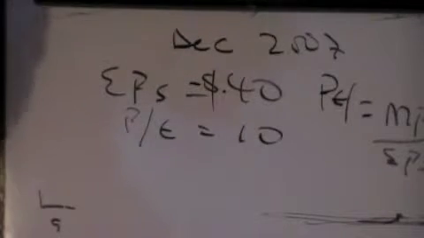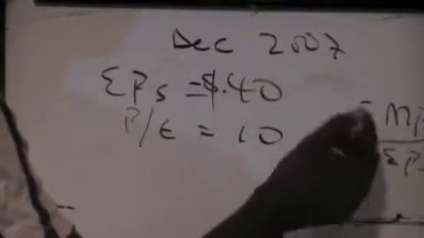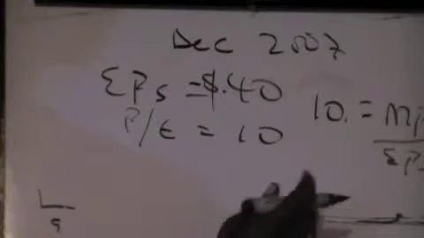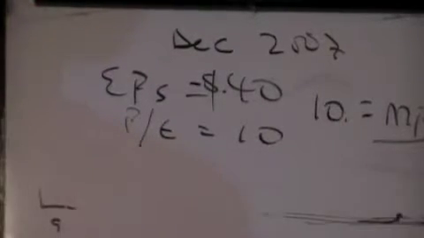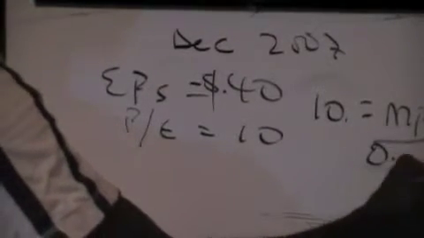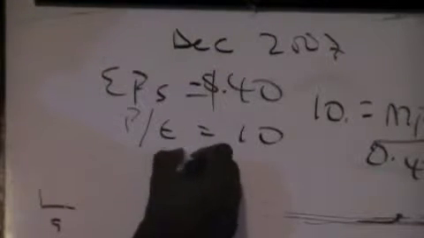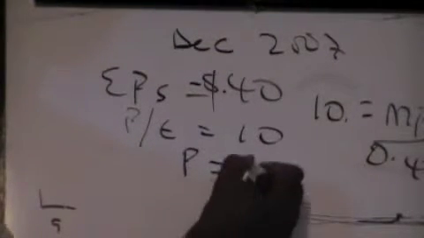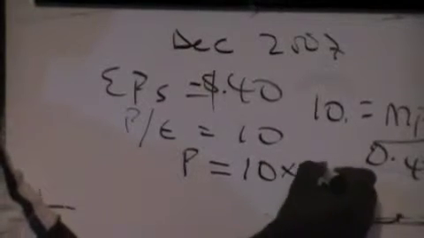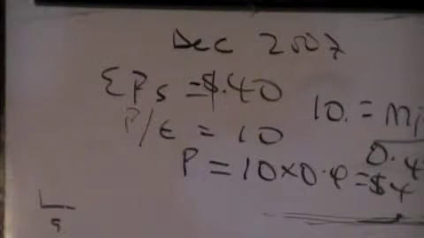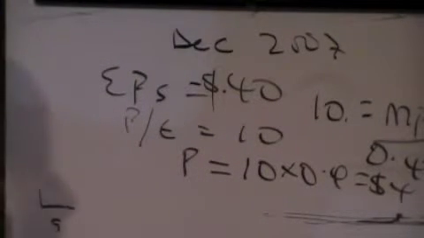So if the earnings per share is 40 cents and the PE ratio is 10, it means that the market price for each share is equal to 10 multiplied by 0.4, that's equal to $4 per share. So we'll multiply 4 by the number of shares that we have.